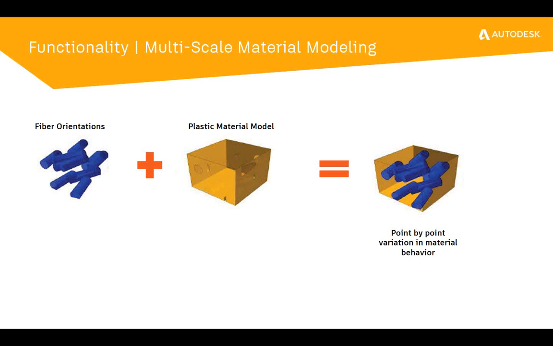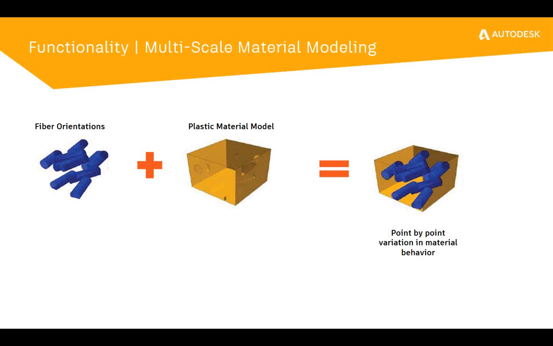Let's think about that again. The input data is the stress-strain curves for a nonlinear analysis in the 0 and 90-degree direction, and optionally 45. What the software will automatically do is come up with a Ramberg-Osgood plasticity model to represent how the actual plastic that's holding these fibers would behave.